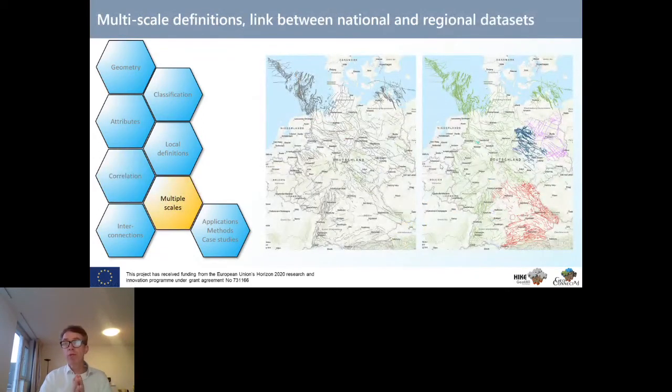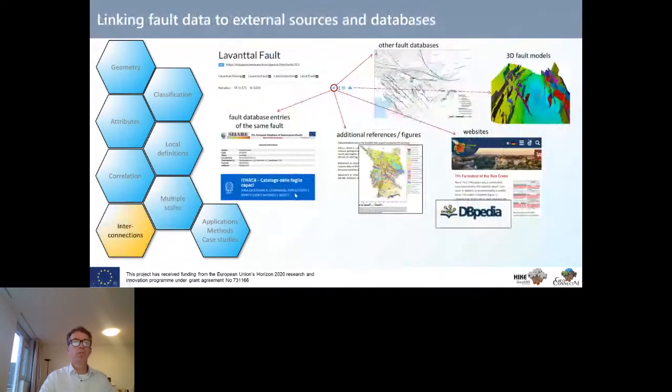Faults are mapped at different scale levels and levels of detail, and this is being done as well in the HYEC database. For example, in Germany, you have a regional, national model, but we have also incorporated data from the federal state geological surveys, which is more detailed and now also connected and linked to the national databases. So you can get multiple levels of detail if needed.